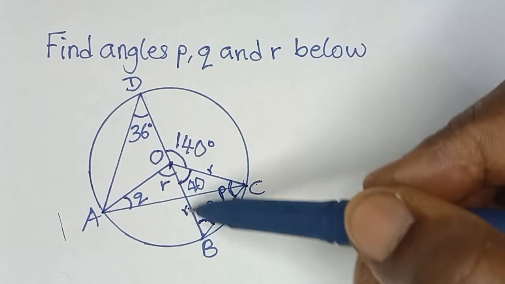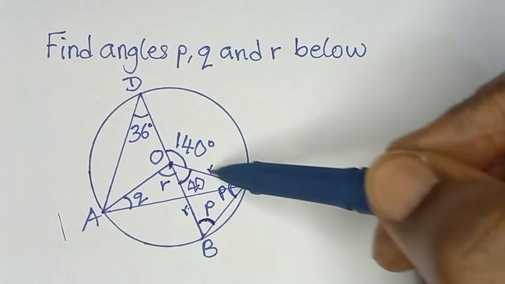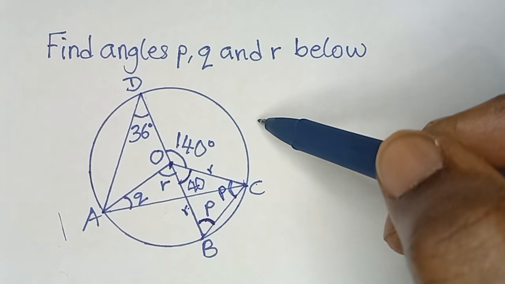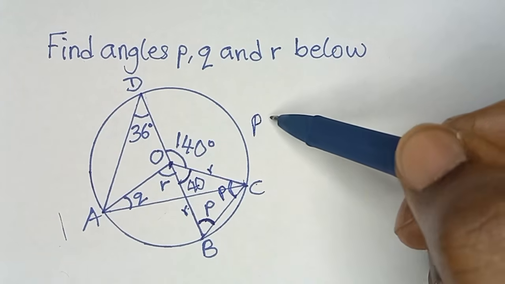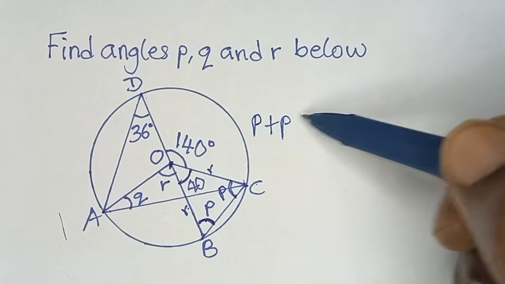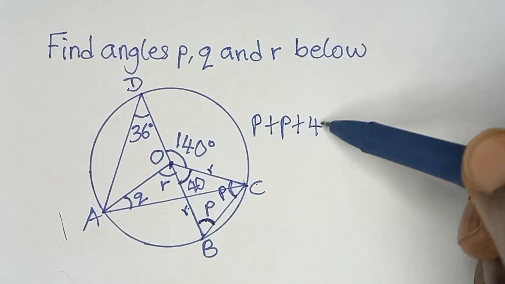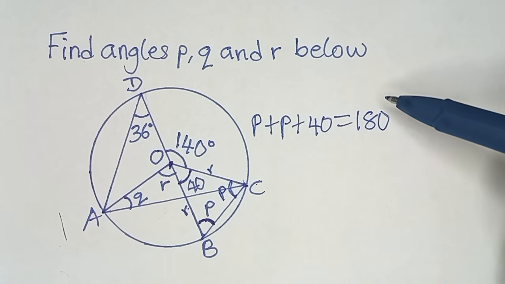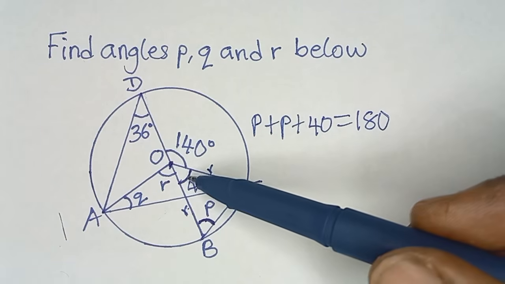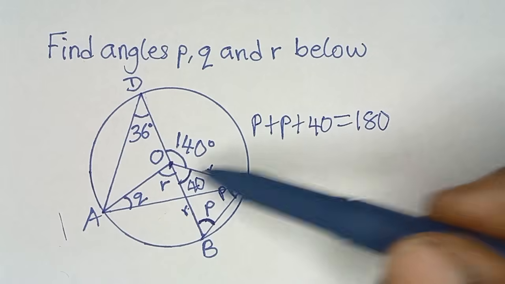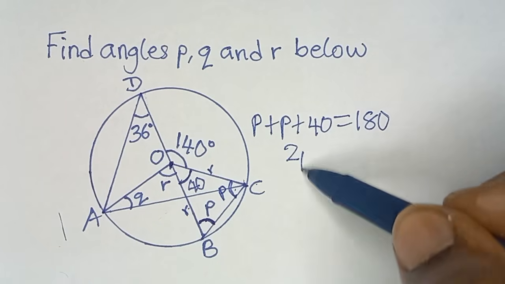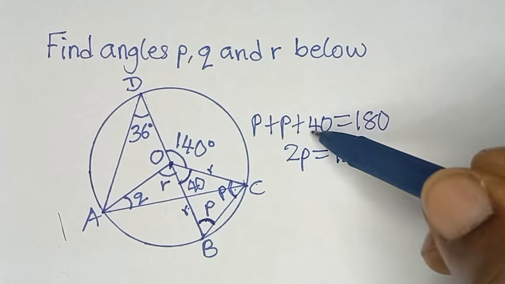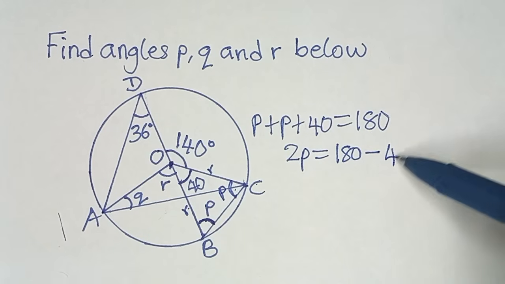So using this triangle OBC, you agree with me that angle P plus angle P plus angle 40 is equal to 180 degrees, because the sum of angles in a triangle is 180 degrees. So that 2P will be equal to 180 minus 40, it becomes minus 40.